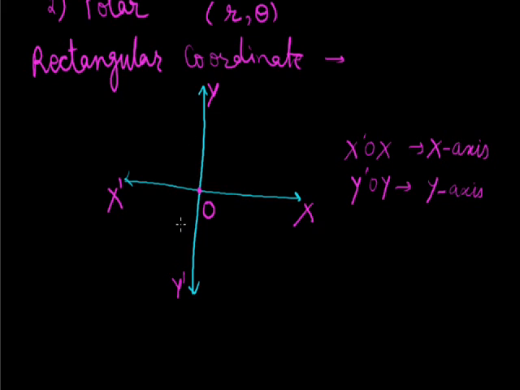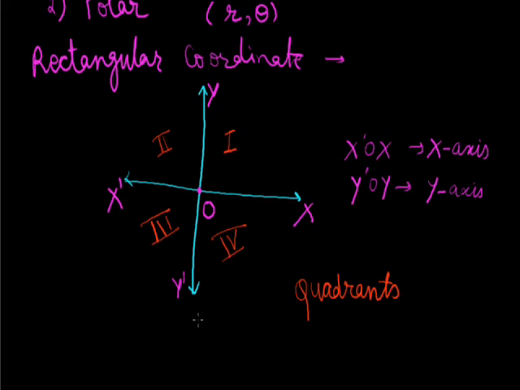The two perpendicular lines divide the plane into four regions: the first region, second, third and fourth. These four regions are known as the quadrants. That means we have four quadrants in the rectangular coordinate system: first, second, third and fourth.